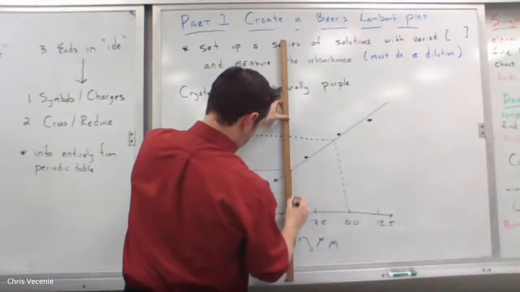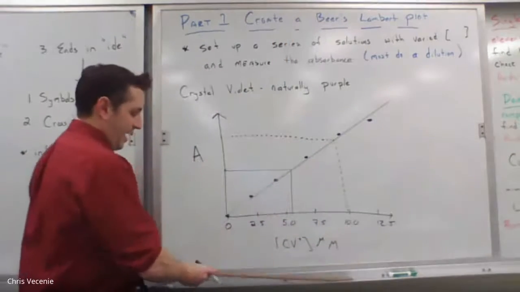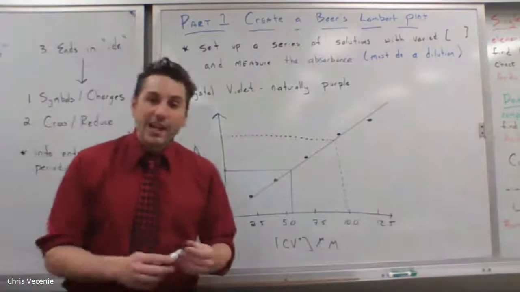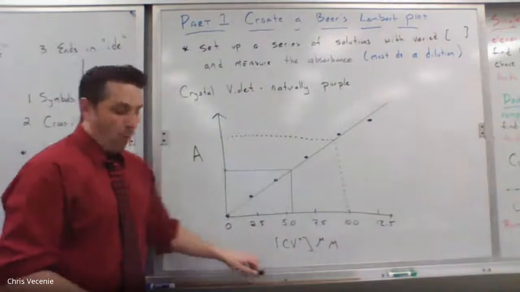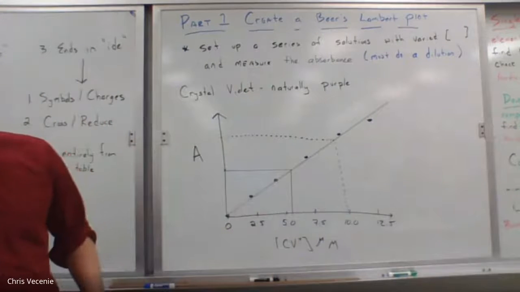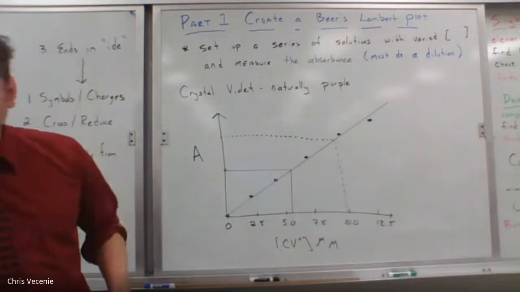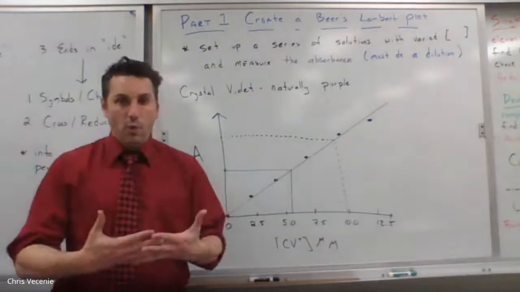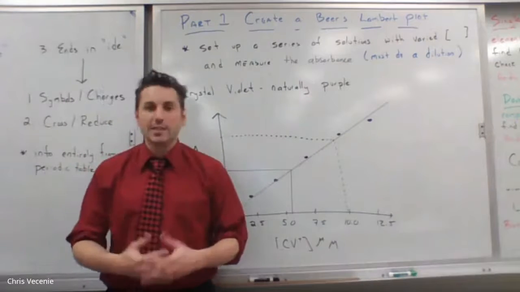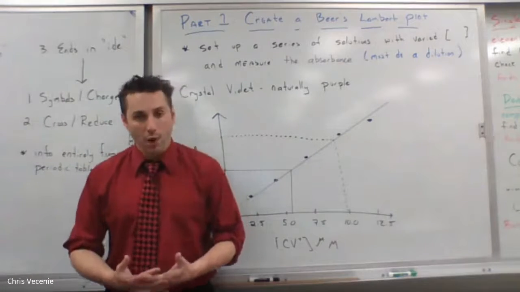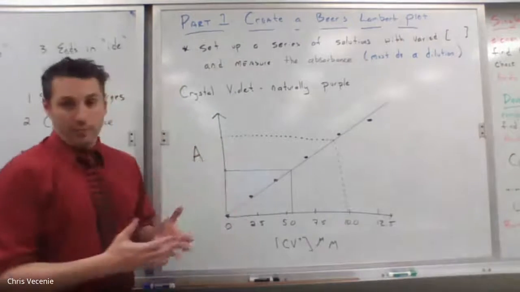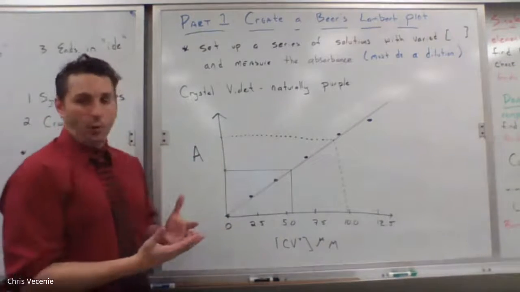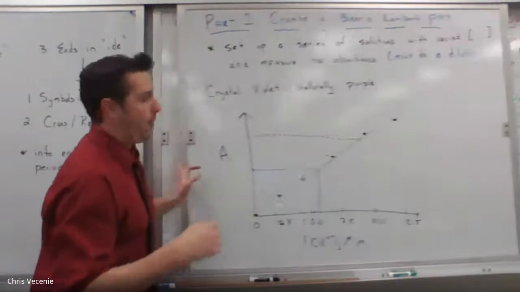Drop down till you hit there. And that is going to allow you to say what the instantaneous concentration of one of your solutions is, even though you can't directly monitor it. So this is how a Beers-Lambert plot functions. We create it in part 1, and then we're going to use it in part 2.